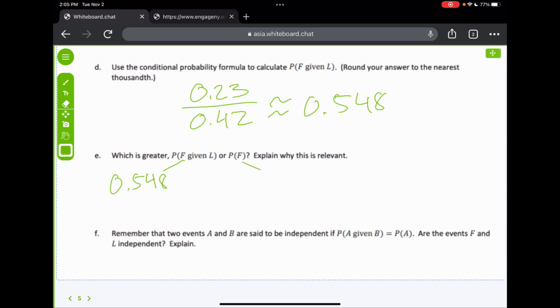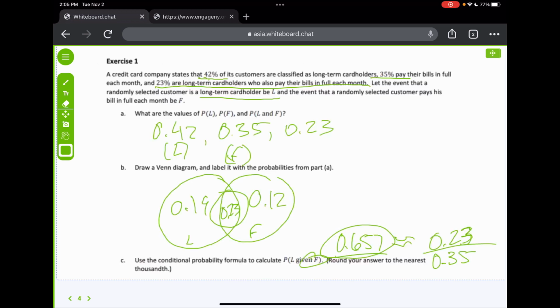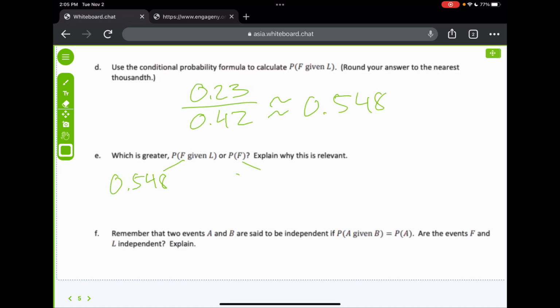And the probability of F was 35 hundredths. So why is this relevant? Why do we care? Well, the long-term cardholders are more likely to pay off their bill at the end of the month. That's what that means.